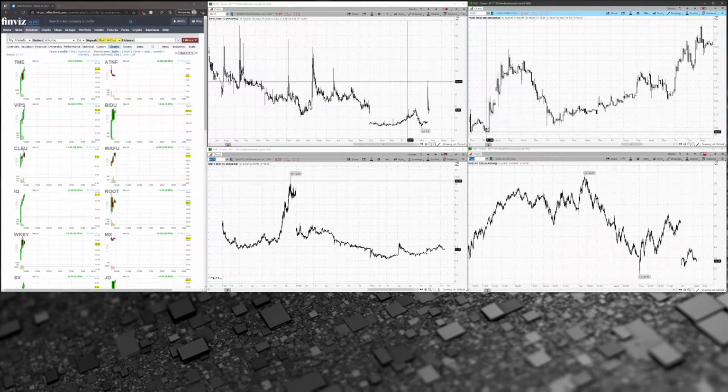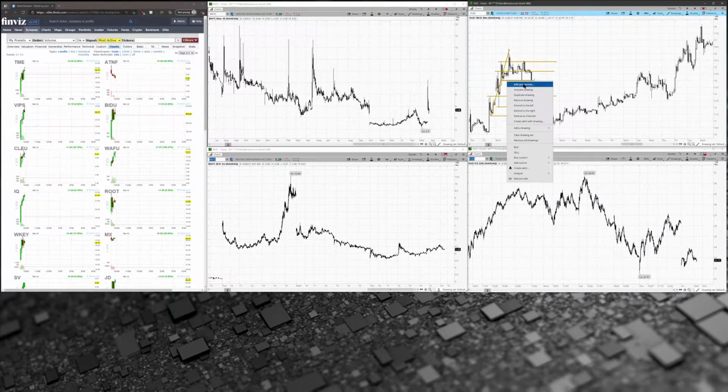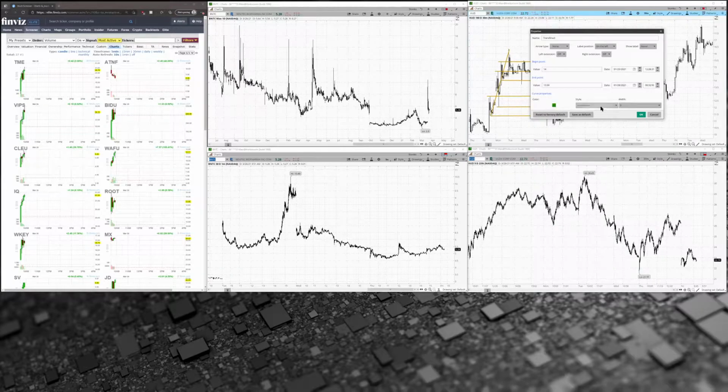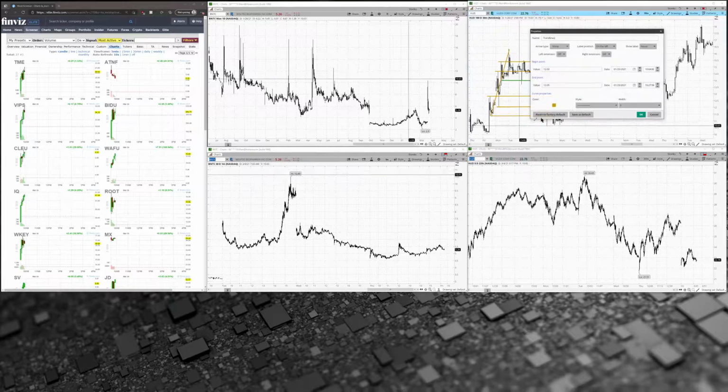So right here we have support, support, support in this move up, right? And then we've got resistance, resistance, resistance. Highs in the move up. These are just levels that validate things. These are not actual levels we're trading off of right now. These green lines.